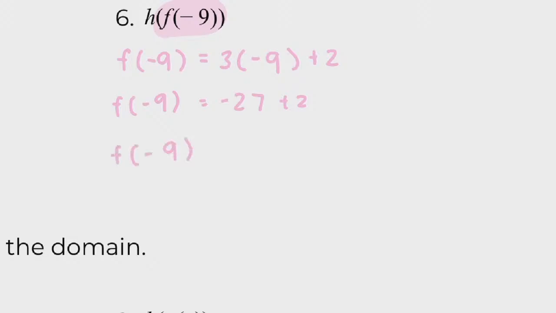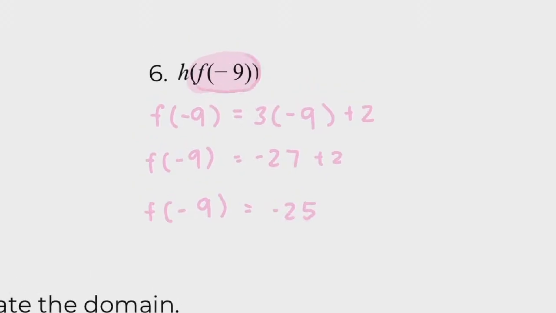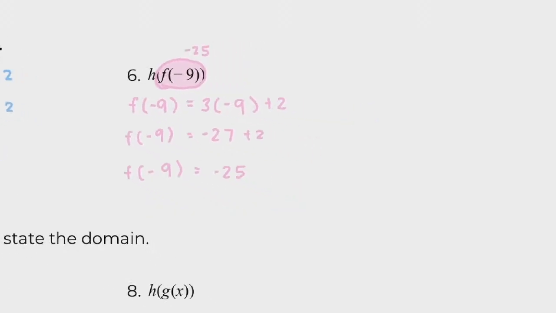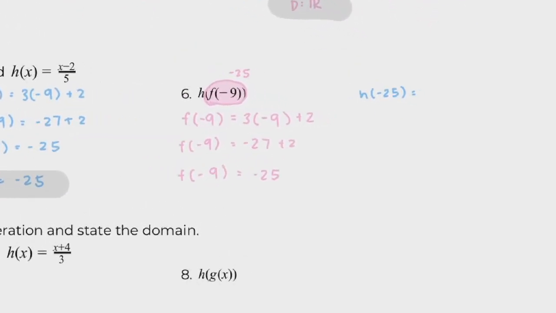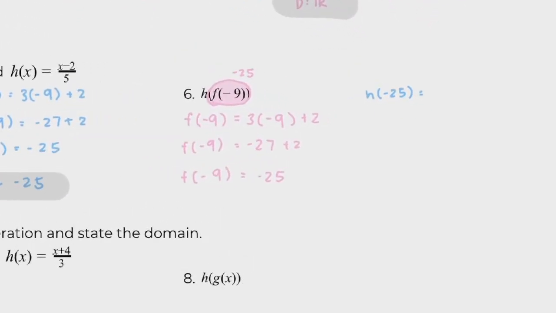So f of -9 equals -25, and that's what we're going to plug in here. So what we want to find really is h of -25. Now I'm going to look for the h equation, which is this fraction here, and I'm going to plug in -25 for x. So that'll be -25 minus 2 over 5.